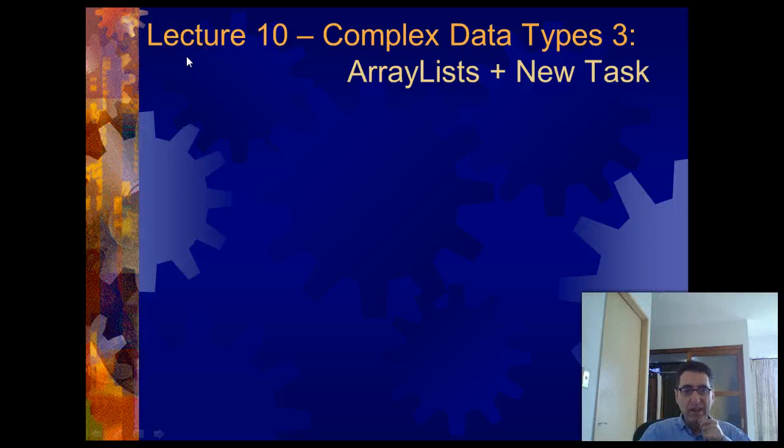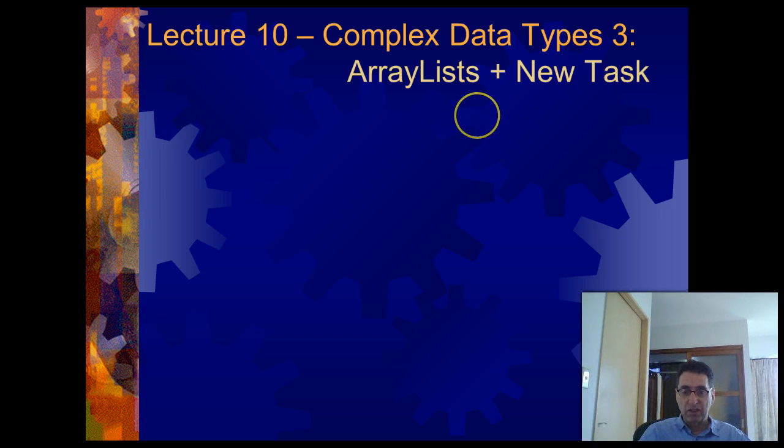Okay, this is lecture 10. We talked about arrays before, but there was a certain problem with arrays: they're difficult to deal with, and changing their size is one issue.